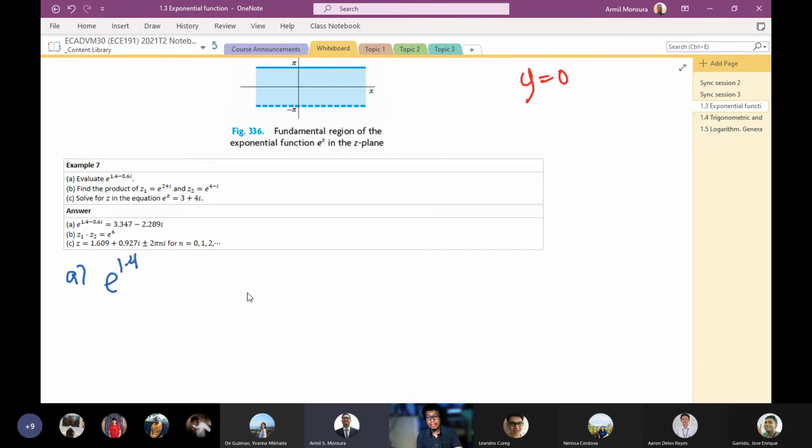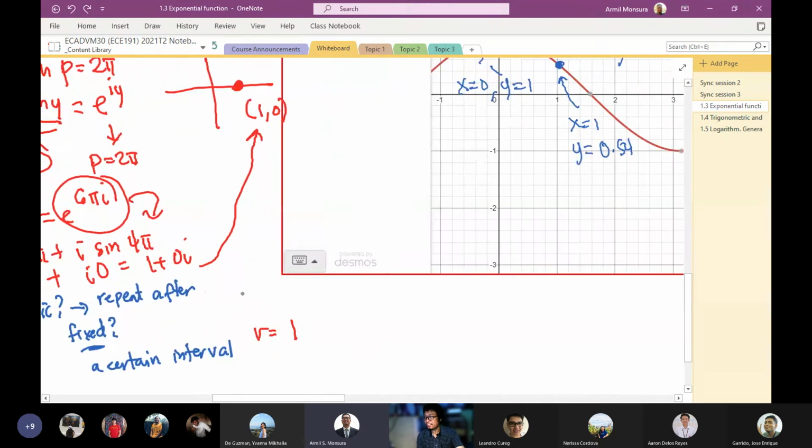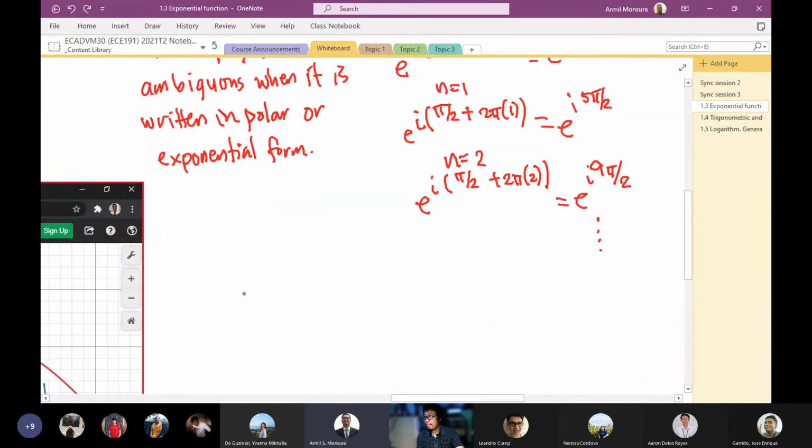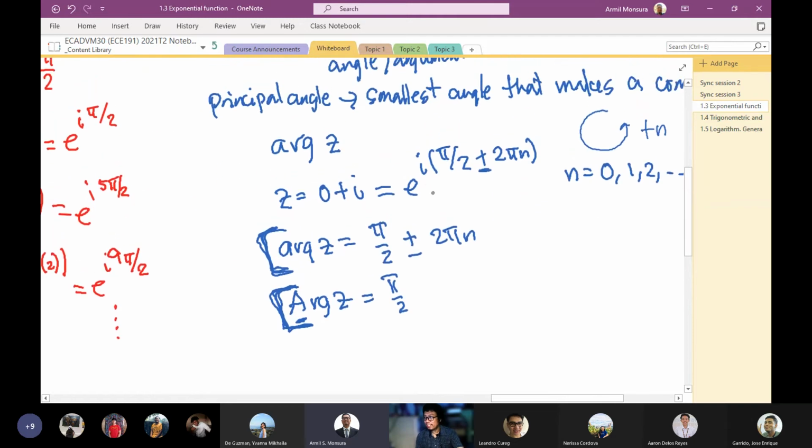By the way pala, may nakalimutan pala, may isa pa pala akong gustong i-point out. Itong expression na to, e raised to i times pi over 2 plus or minus 2 pi n.